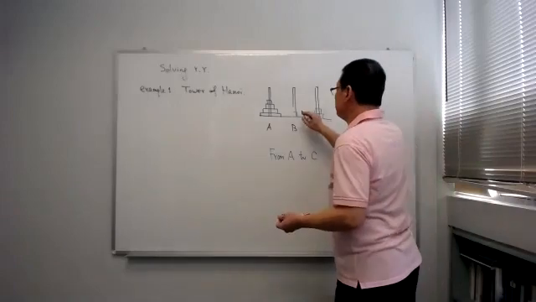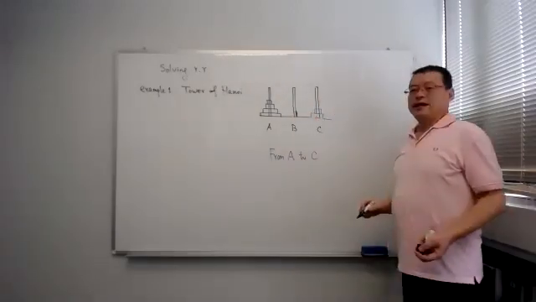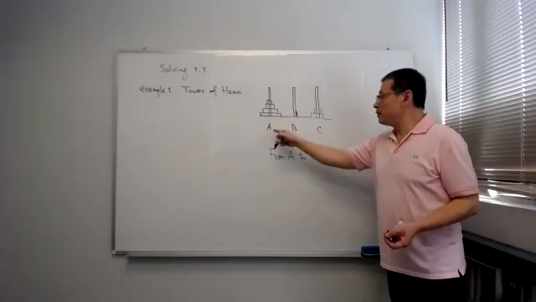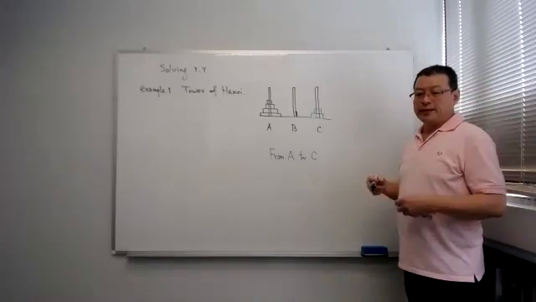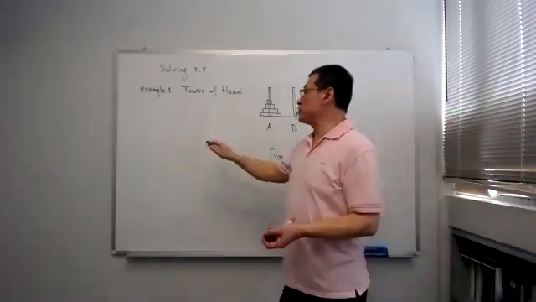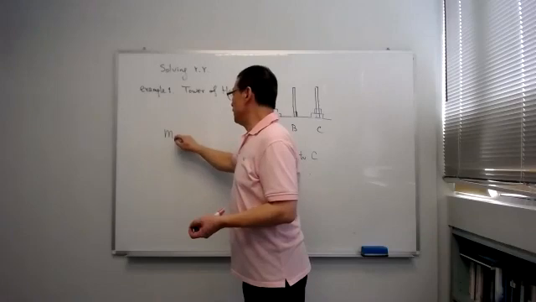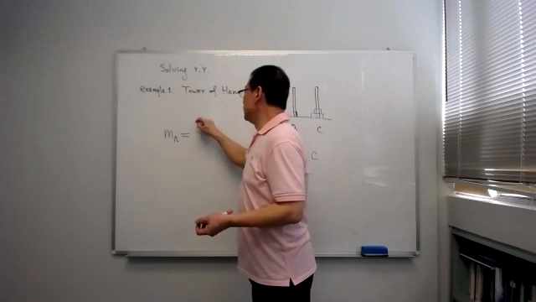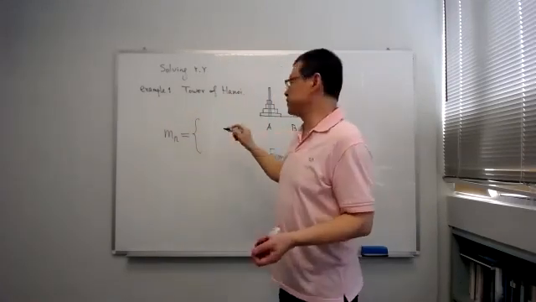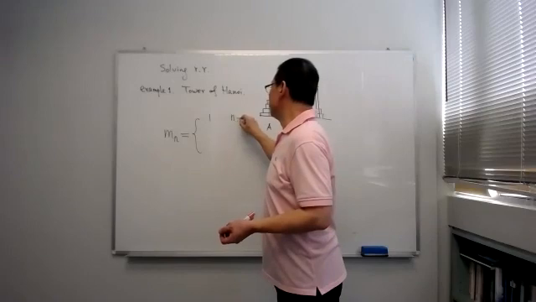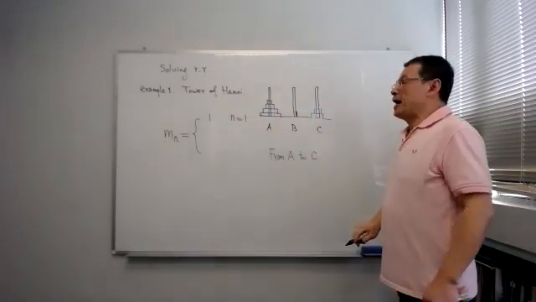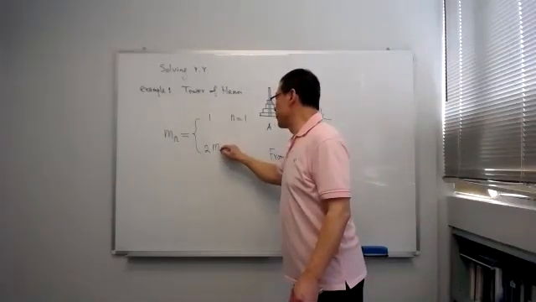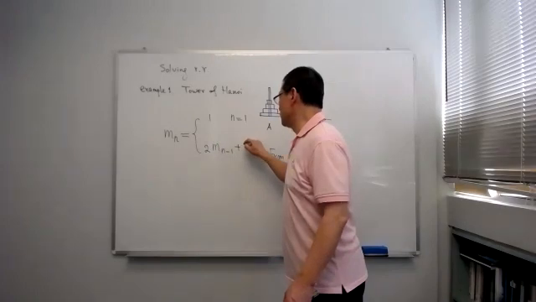Now it turns out that in order to move n disks from A to C, the number of movements has the following relation. If we use M_n movements for n disks, if there is one disk, of course, we only need one move. Otherwise, it obeys this relation: M_n equals 2M_(n-1) plus 1.